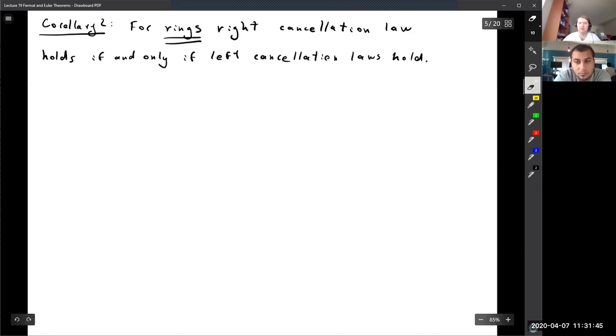We say that this is a law. There's only one requirement, right? So it should be satisfied by all elements. Okay. Now there's an important remark.